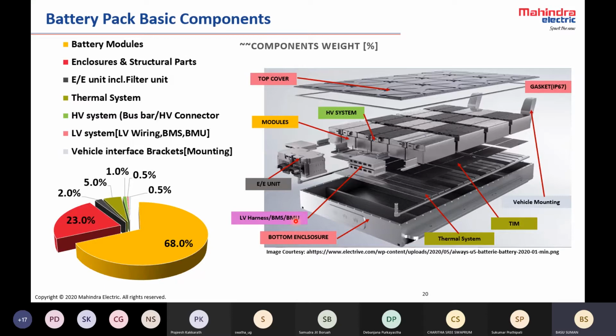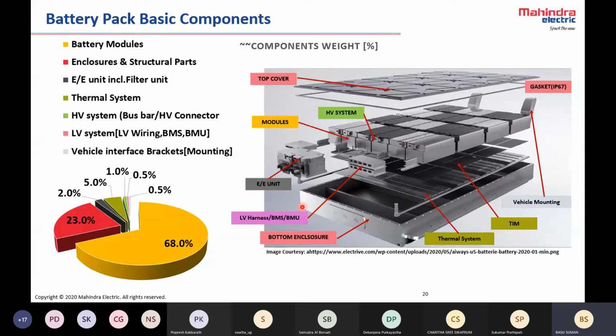It measures the voltage of one or two of the modules and then relays that value to the main battery management system. Now, why is that required? It depends upon how you want to design it. It's an electrical part that comes in here.